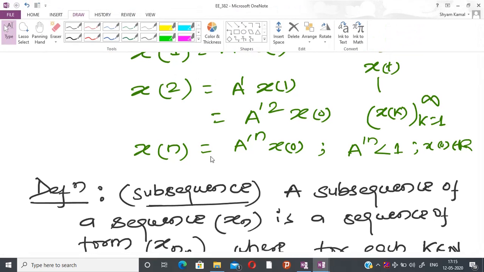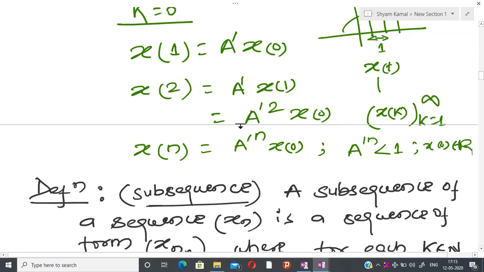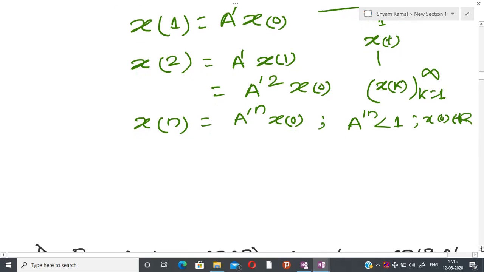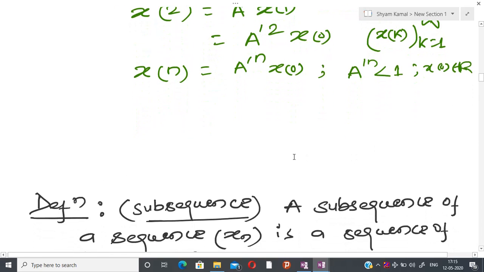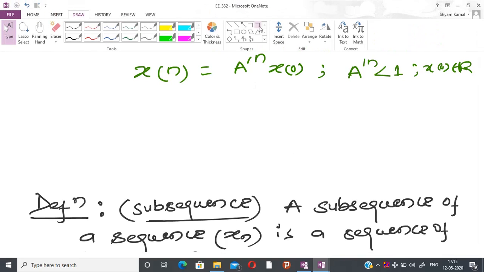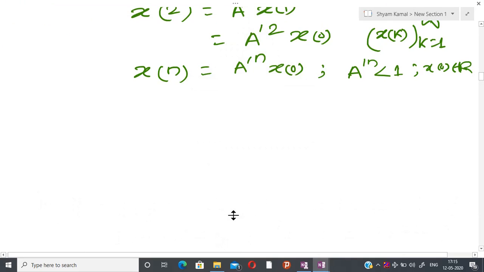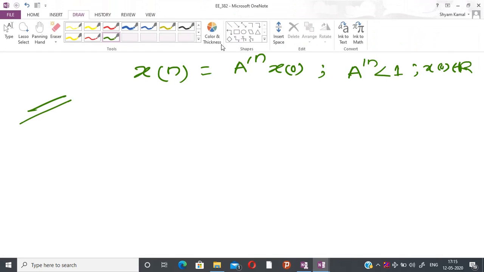At that time our problem is a little more general, and I am going to write that problem statement, such that you are able to appreciate the concept of convergence. So now the general problem is like this. I am going to write the general problem.